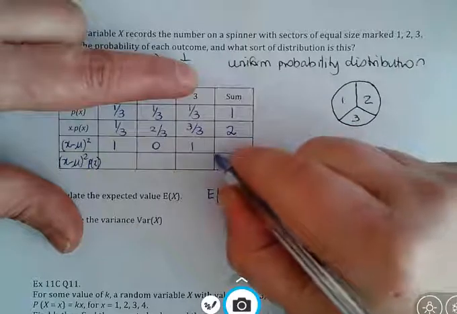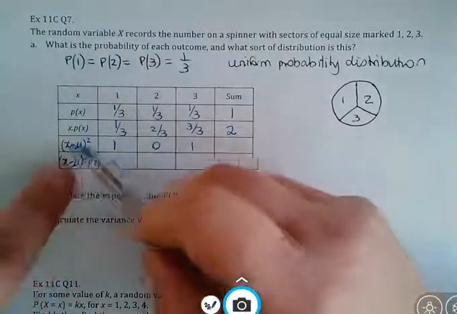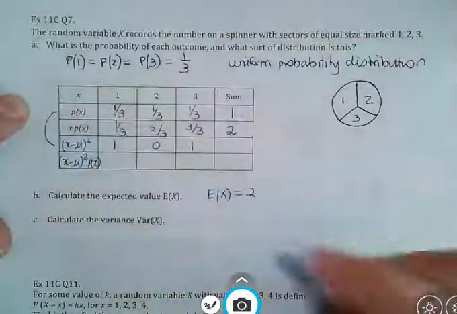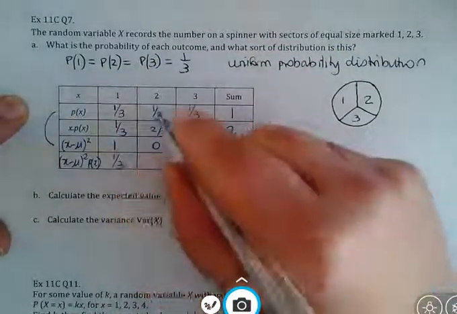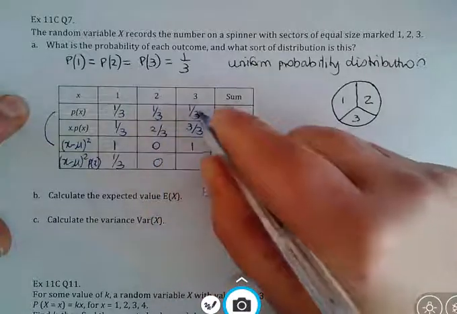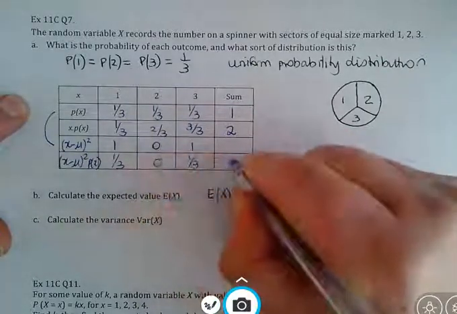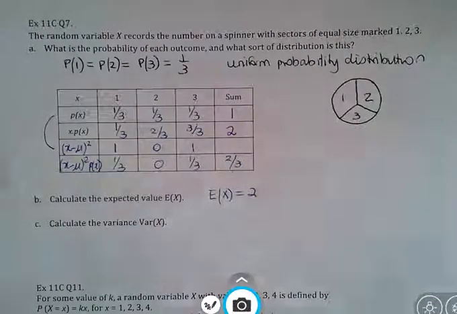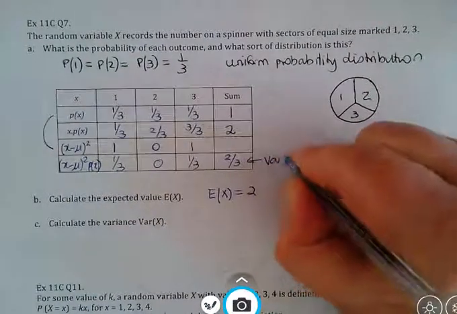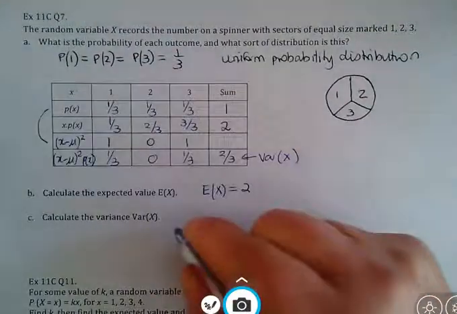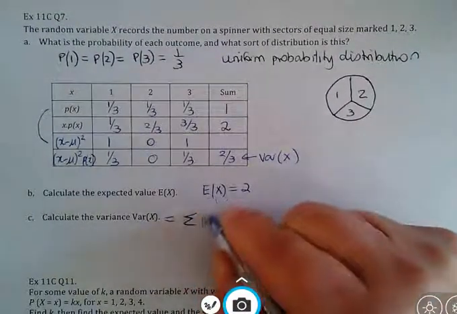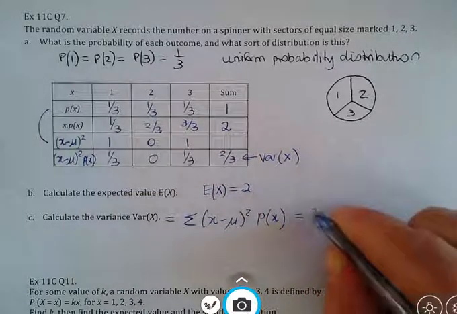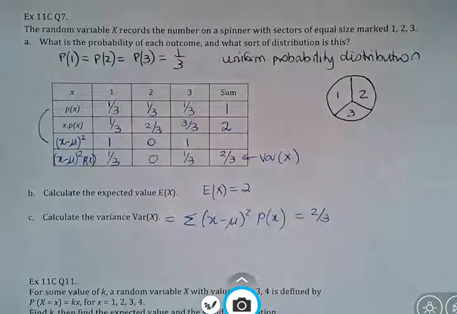You don't need the sum of those. Now, x minus mu squared times the probability of x, so I'm multiplying these two, and I would get a third, 0, and a third. Adding those up gives me my variance straight away. Variance is the sum of x minus mu squared times the probability of x, so using this method I get 2/3.